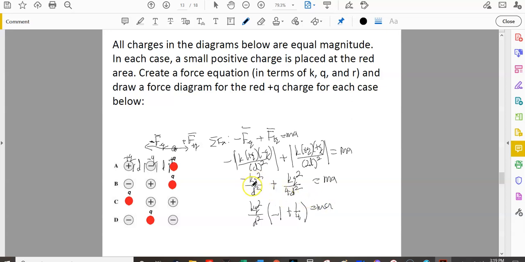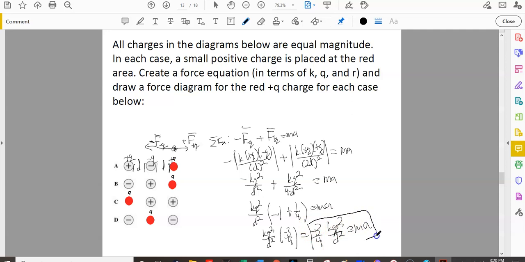Negative 1 plus a fourth is negative 3/4, so negative 3/4 kq squared over d squared equals mass times acceleration.